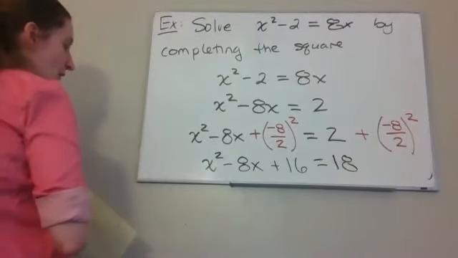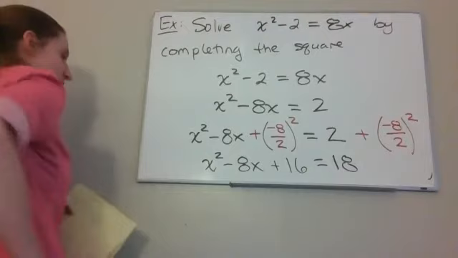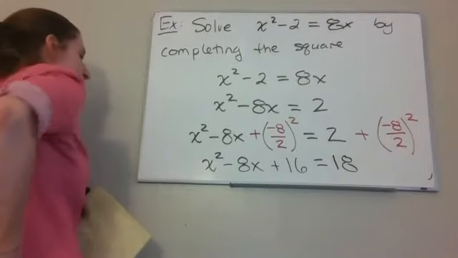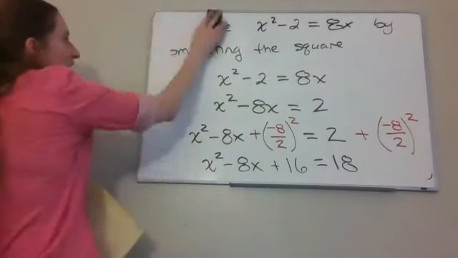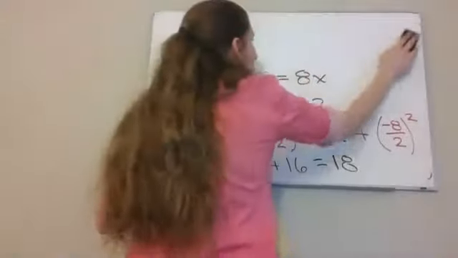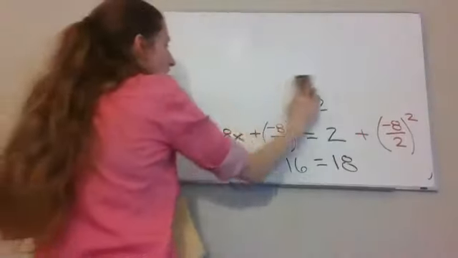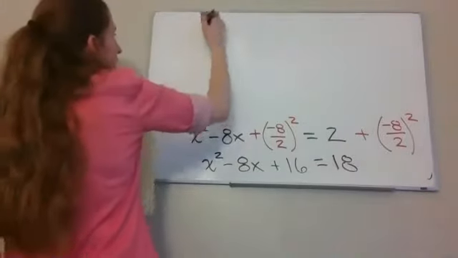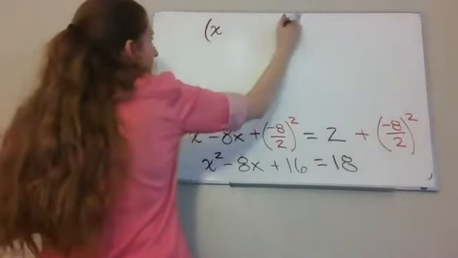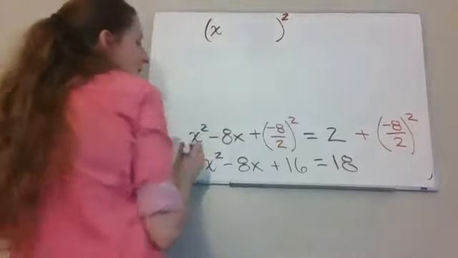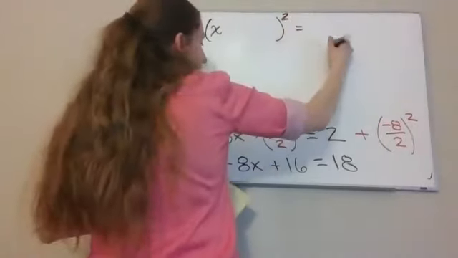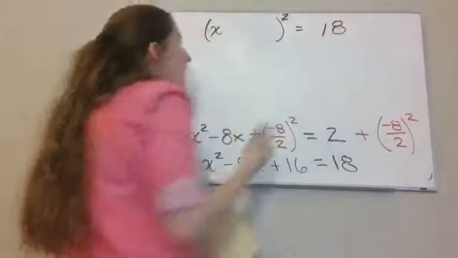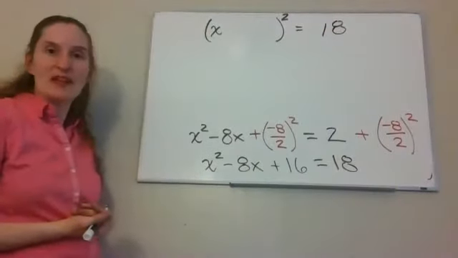And now I'm supposed to factor this left side. And it should factor as x plus or minus some number in parentheses squared. So I just need to figure out what that something is.